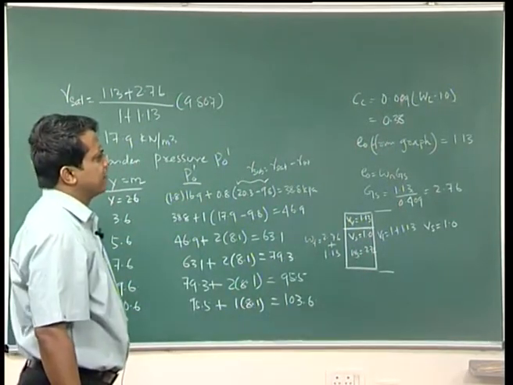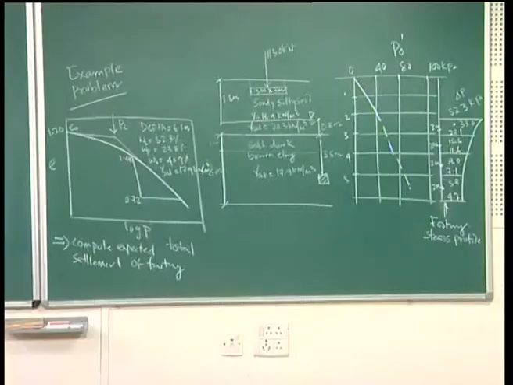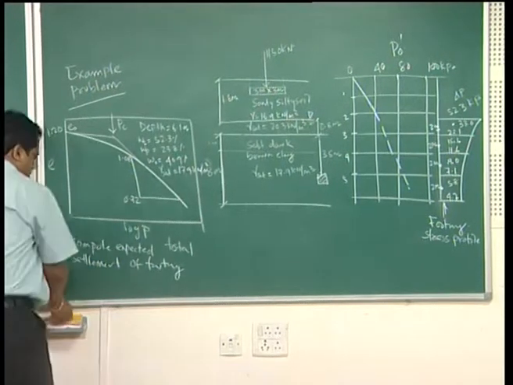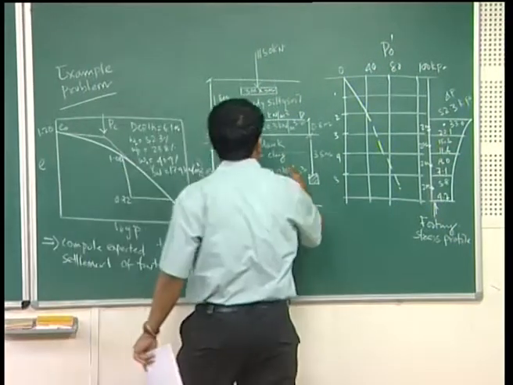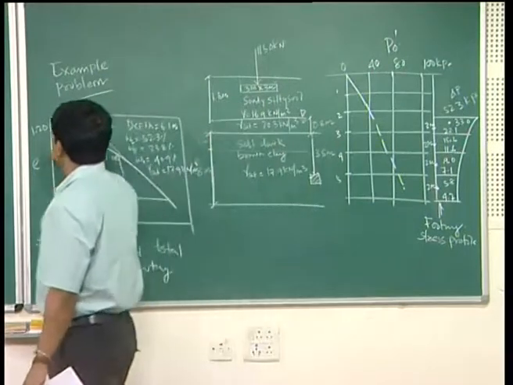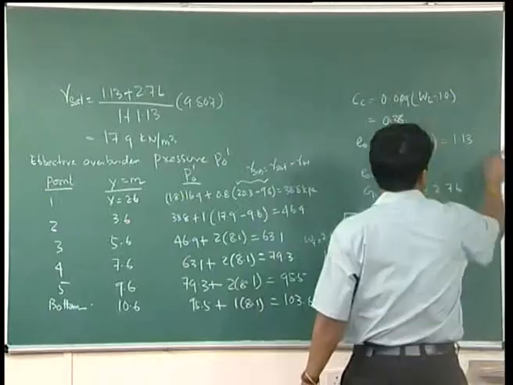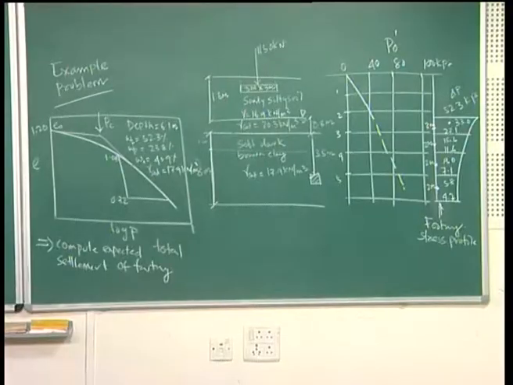Here gamma saturated is the only unknown, which is required for the calculation of P 0. This comes from your E versus log P curve: from here you can calculate Cc and E 0, and Cc you can also get from an empirical correlation.